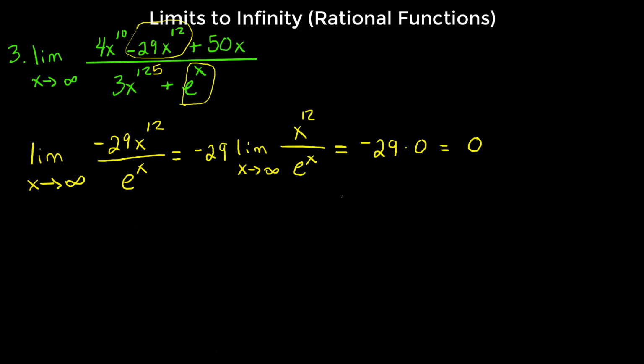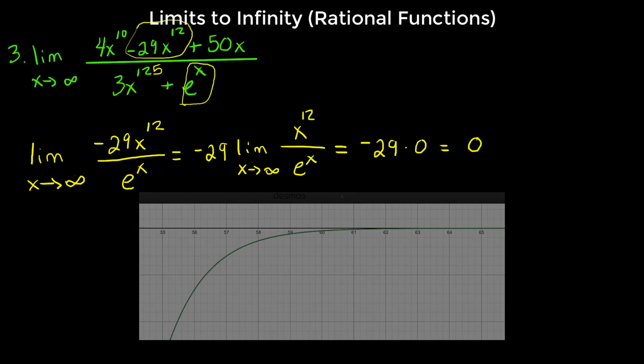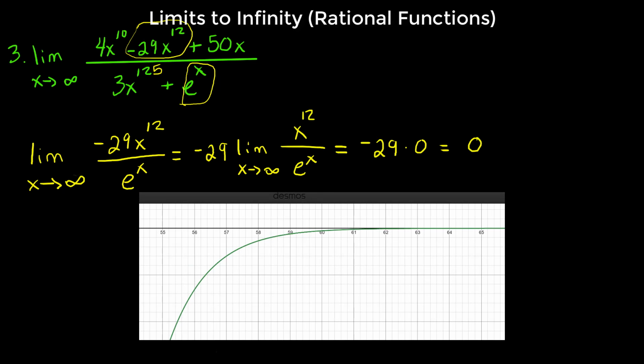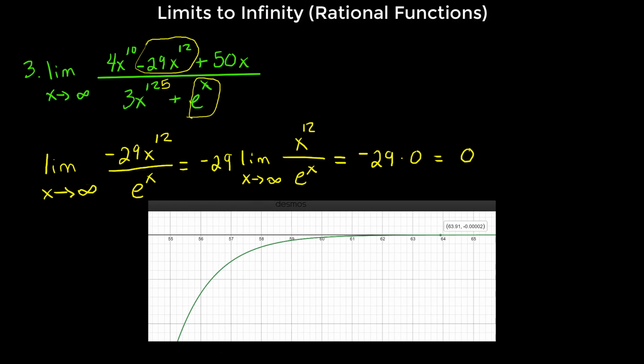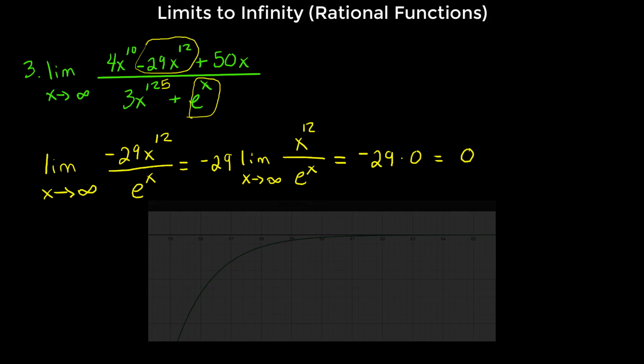That means we have a very small number divided by a very big number, which will eventually approach 0. And again, we can use the graph to confirm our conclusion here. And boom, as we get closer to infinity, we see that this function is approaching 0. And there we go. I really, truly hope we see that this general guideline works.